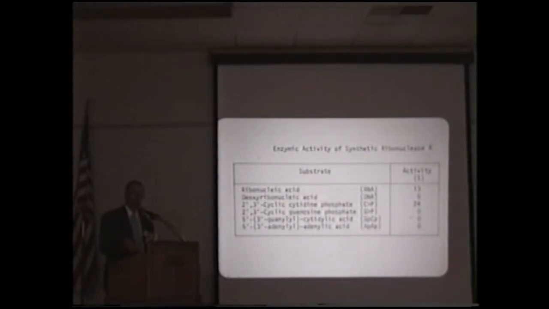It also provided new evidence for the theory that Anfinsen had proposed, which said that the primary sequence of the enzyme was responsible for the tertiary structure. So it automatically folded into the correct tertiary structure.